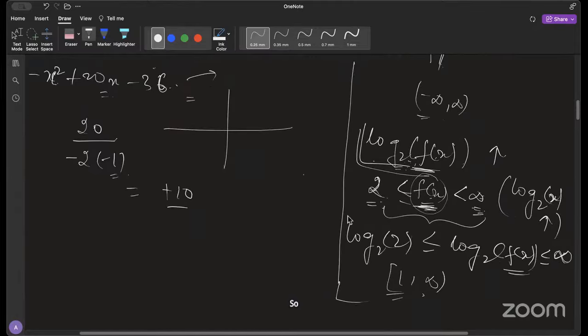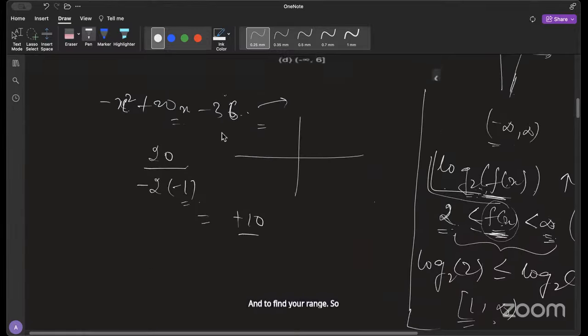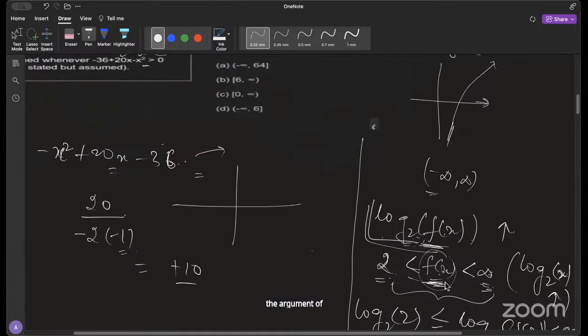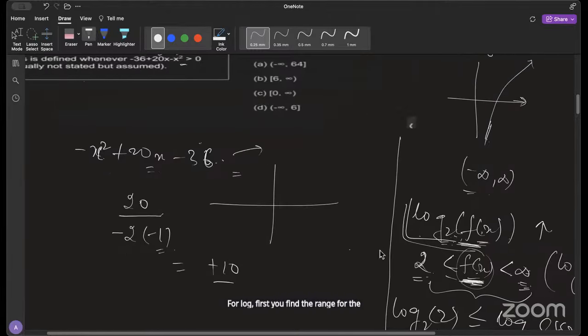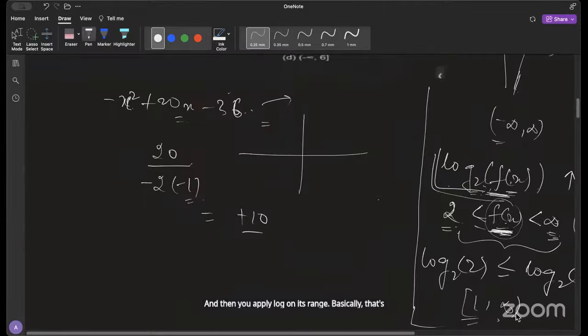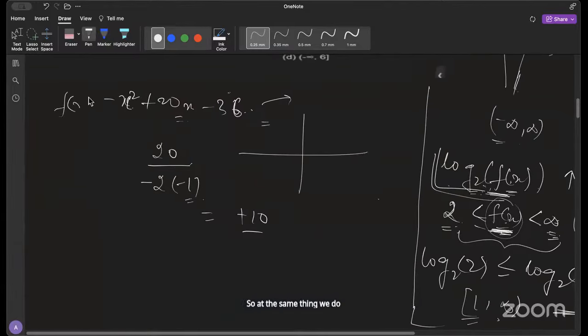To find your range, first you find the range of this inner function, the argument of log, like we did here. First you find the range for the argument, and then you apply log on its range. That's the same thing we do here.